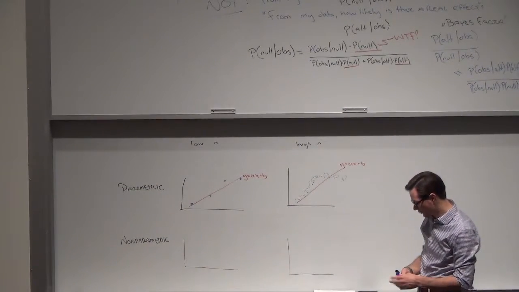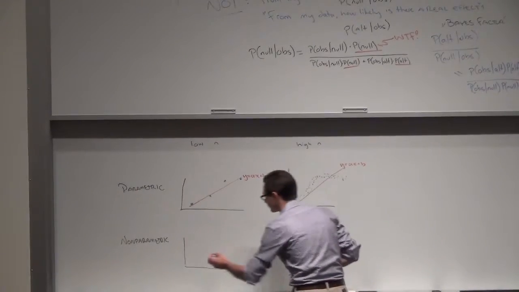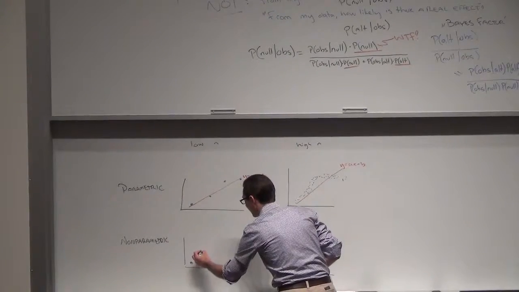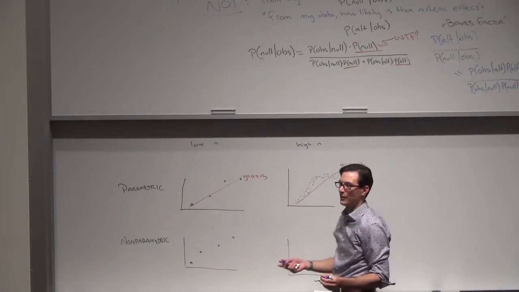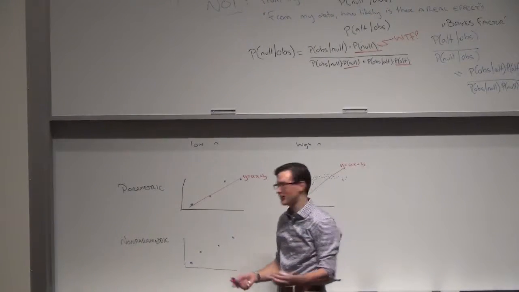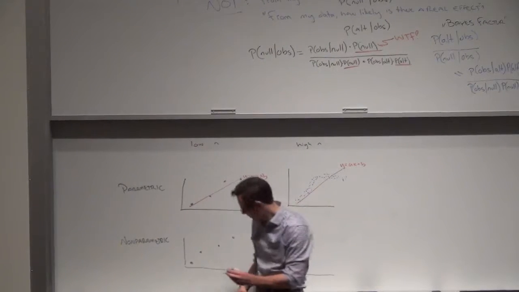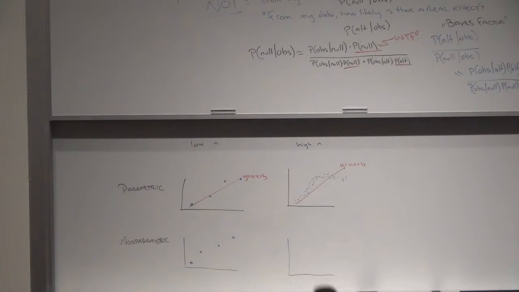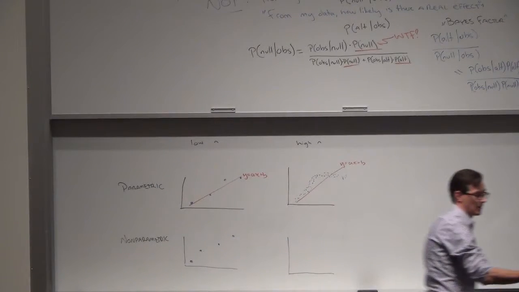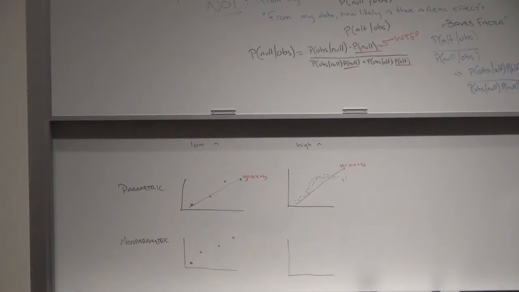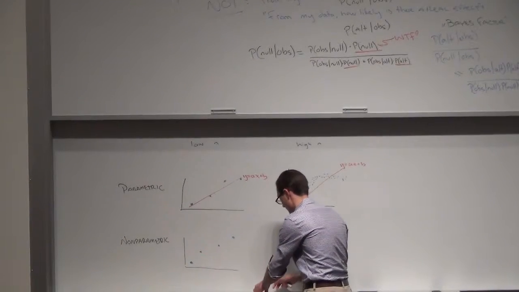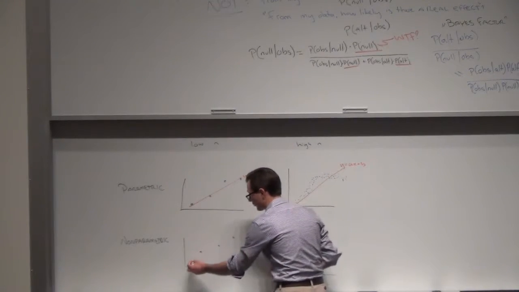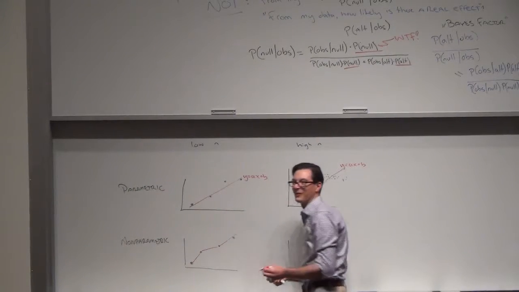So the non-parametric approach to the same problem would be to say, okay, I'm not going to assume that it's a line. I can't assume very much. The best thing I can assume is, maybe it's something like that.